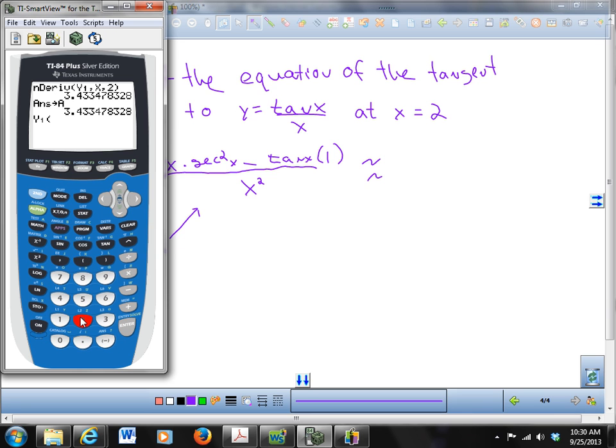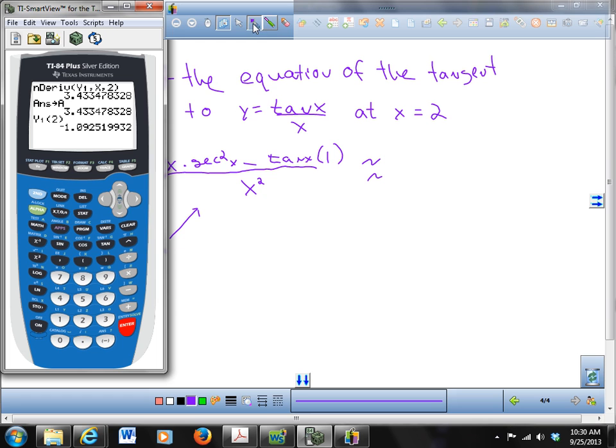Mr. Leader, can you just trace it from the graph? Yeah, but you want to store it, and tracing isn't very accurate. Well, can't you go second calc? Yeah, I guess you could do that too. But you also want to store it. Okay? And if you hit enter, that's what you get. So that's y of 2. And I don't need to store that right now.